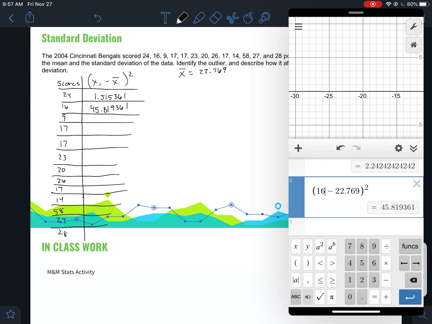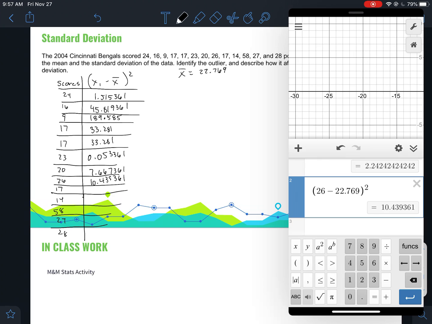Then 9, and we get 189.585. Then 17, and we get 33.281. Then 23, and we get 0.053361. And we'll do 20. We get 7.667361.